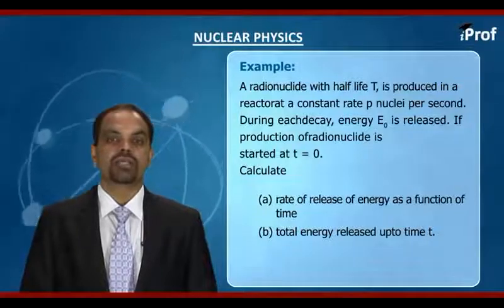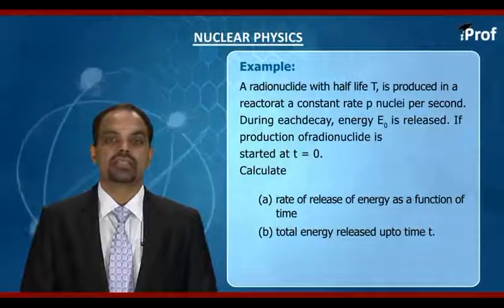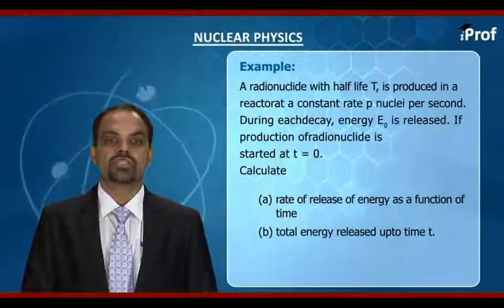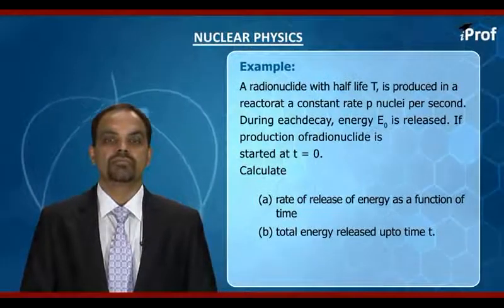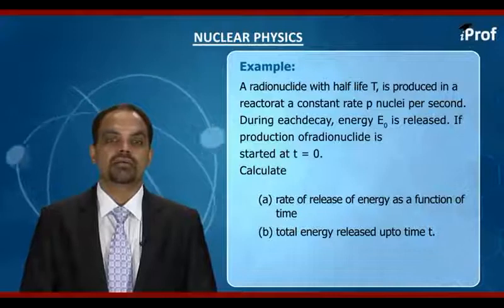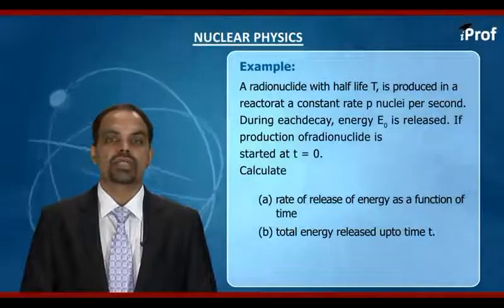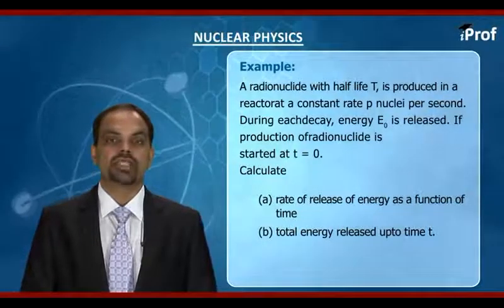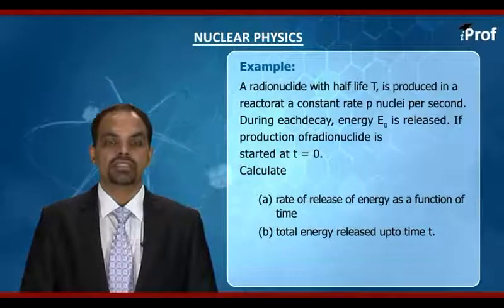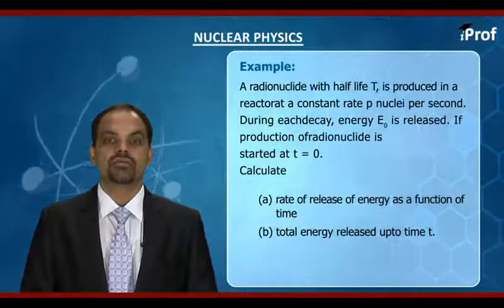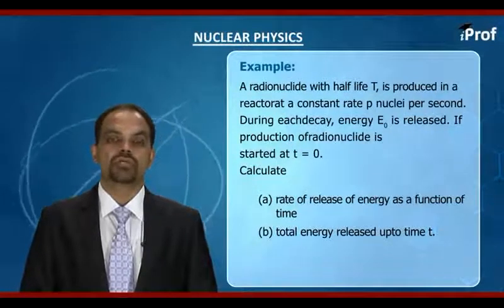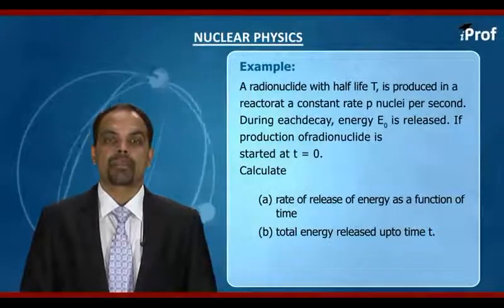In first we have to calculate energy released as a function of time, and in second part we have to calculate the total energy release up to time t. Now let's move to the calculation.